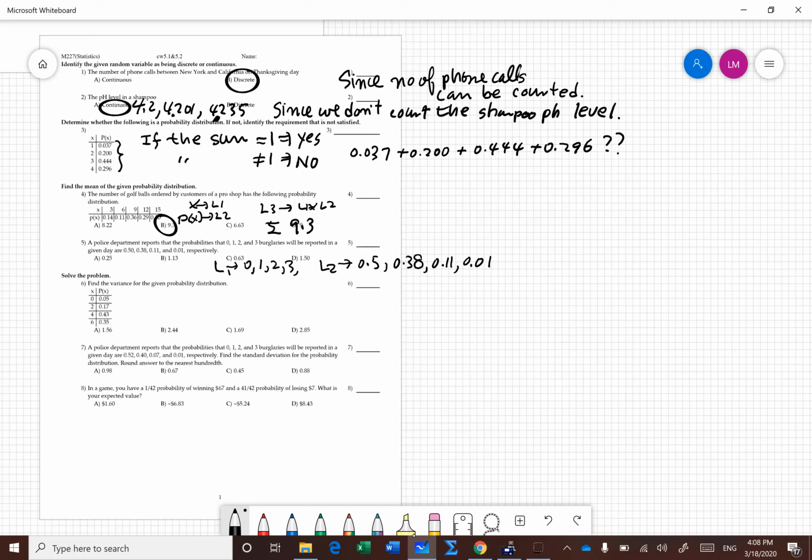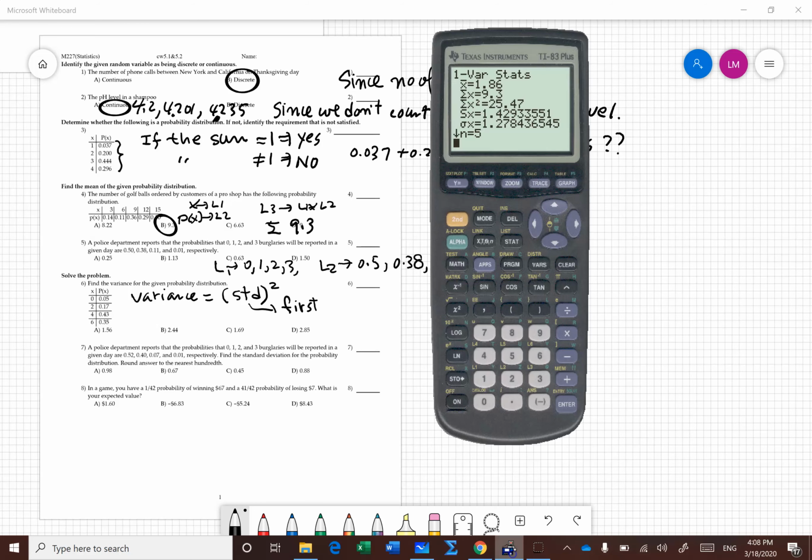Number 5, find the variance. Now, what is the variance? STD means standard deviation, and variance is the square of the standard deviation. Your calculator will give you the standard deviation first. Let me show you how to find the variance in this case. Open the calculator again.